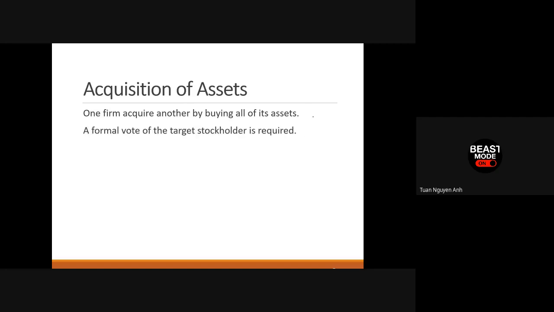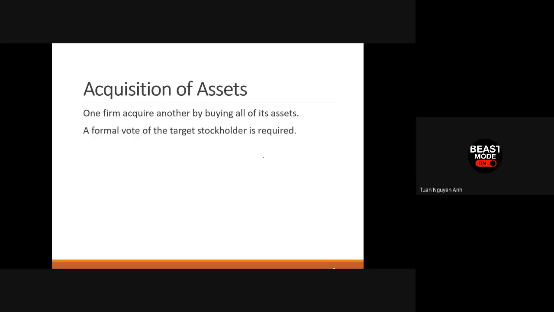This is often the case in bankruptcy or hardship of a company. They have to sell their assets because they have no bargaining power to sell their shares. Most of the time the value is much lower than buying the stock because they are losing their power.